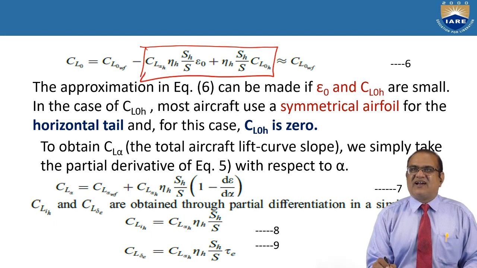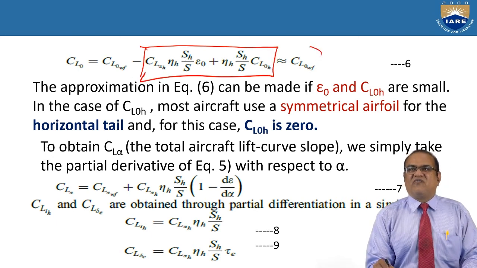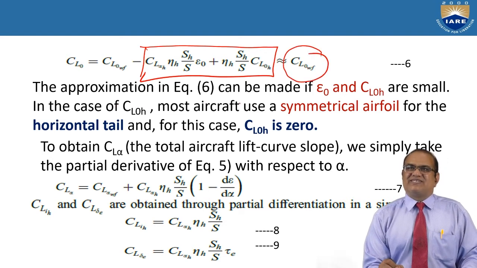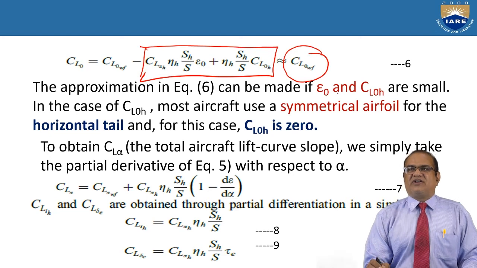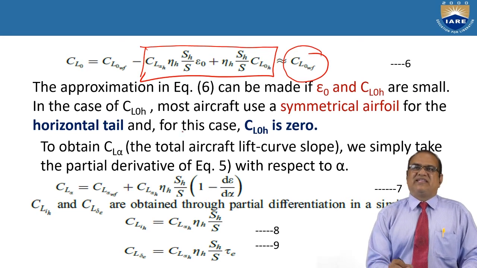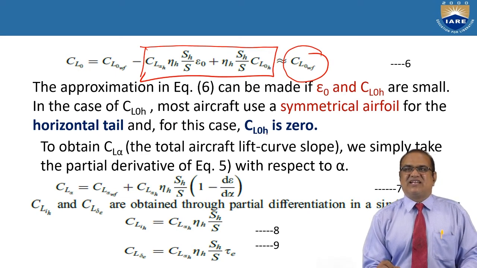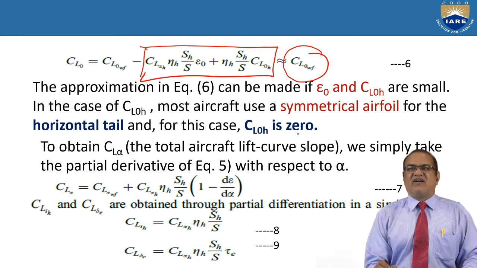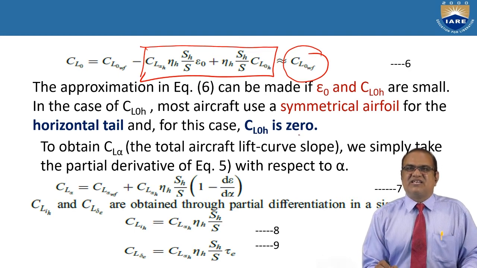So this CL naught is equal to CL naught of wing and fuselage. The approximation in equation 6 can be made if epsilon naught and CL naught H are very small. In the case of CL naught H, most aircraft use a symmetrical airfoil for the horizontal tail, and for this case CL naught H is equal to 0. So normally we are using the symmetrical airfoil so that this thing is 0.